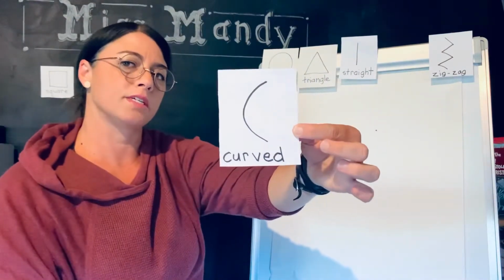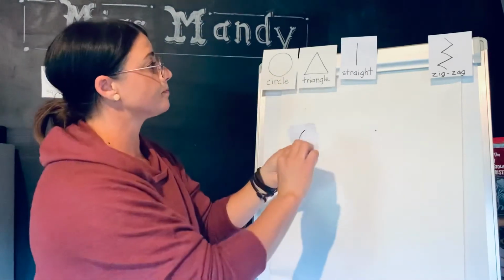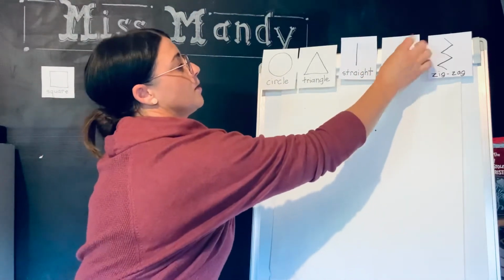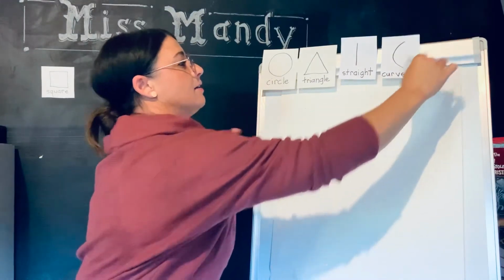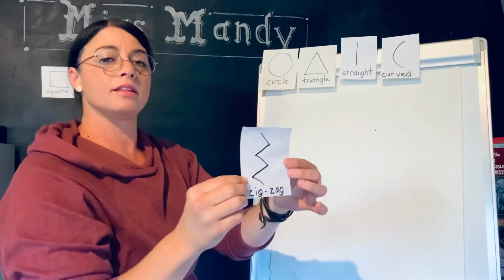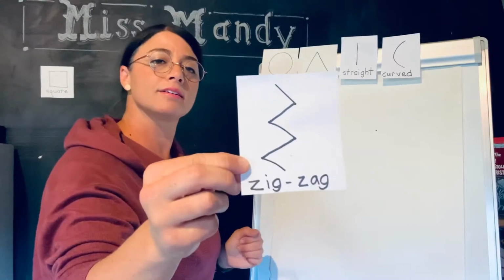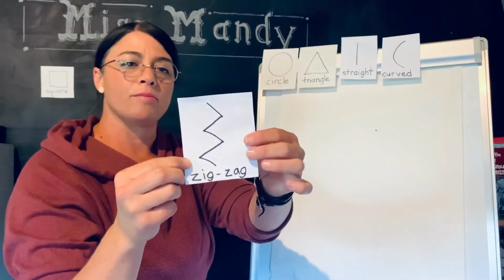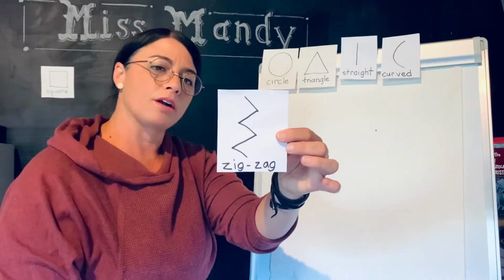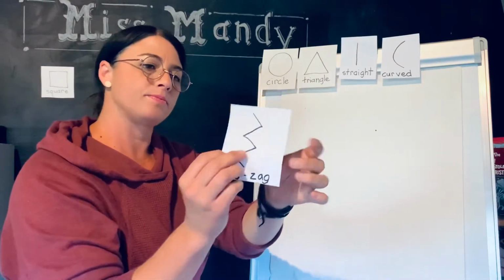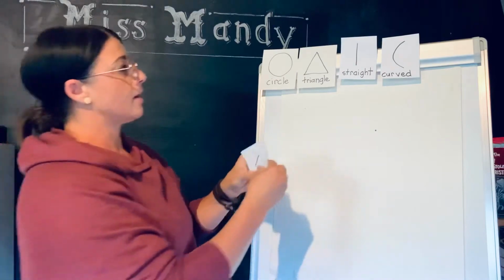It's a curved line. And then one more, my favorite type of line, which is the zigzag. So that one's kind of a bunch of straight lines that stop and make a corner. The zigzag. All right.